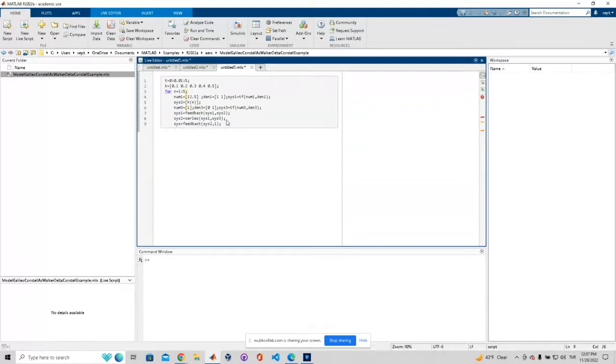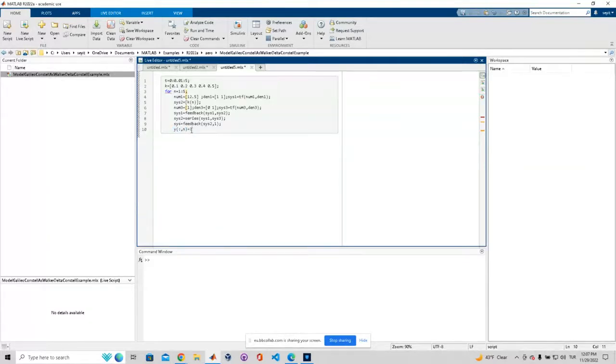So now we're going to define our y. With this function, we're going to turn our feedback values that we said we want to see the response of 0.1, 0.2, 3, 4, and 5. We want to see them one by one. So with this function, we're going to visualize all of them.